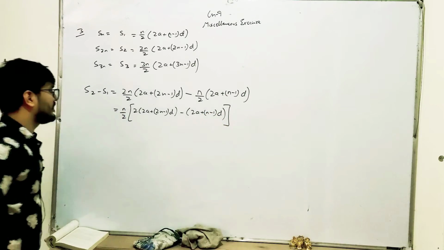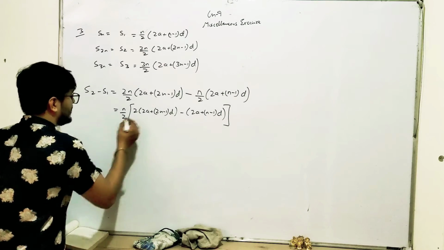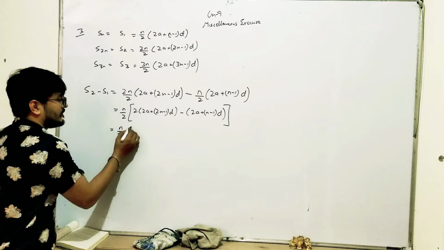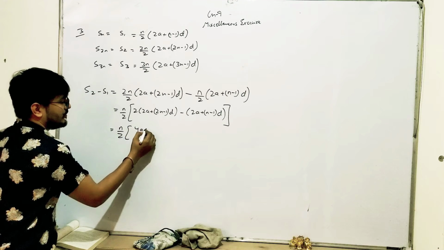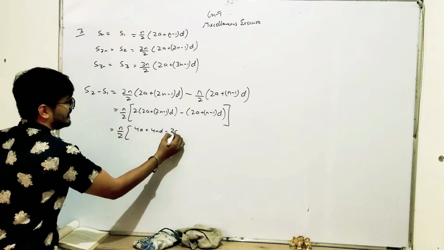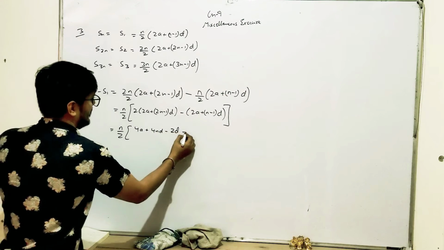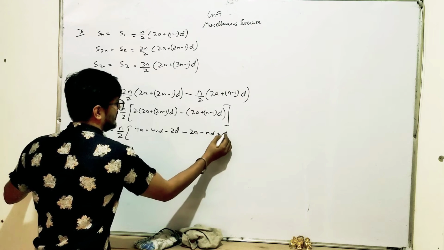So what we have done, we have just taken out n by 2 common. Now opening the brackets, n by 2, 2 multiplied by 2 is 4a, 2 multiplied by 2n is 4nd, minus 2d, right? Minus 2a minus nd plus d, right?